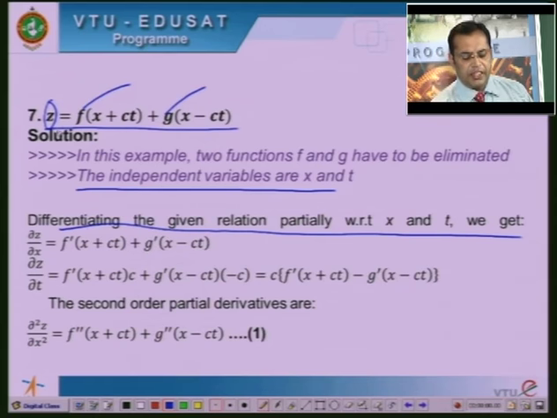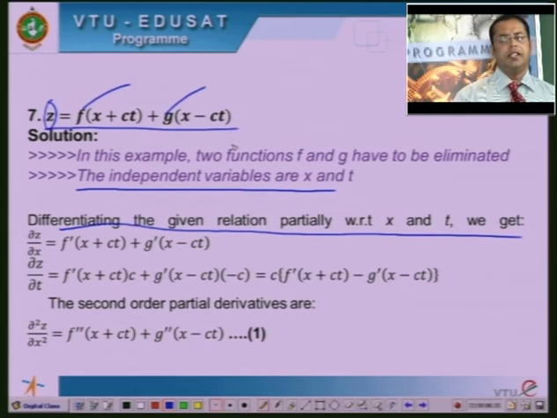Let us do the differentiation with respect to t. Let me remind you again, dou z by dou y is not valid in this example because the second independent variable is t and not y. So instead of dou z by dou y as in the previous examples, it should be dou z by dou t.